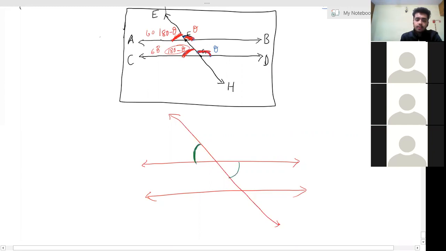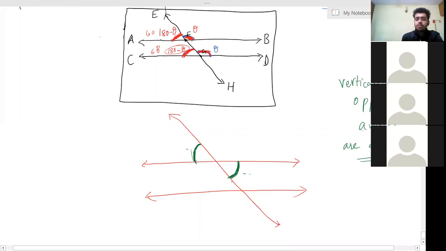This is one more angle. And these both angles, vertically opposite, yes, they are called vertically opposite angles. And always remember, vertically opposite angles are always equal, which means this angle is equal to this angle.